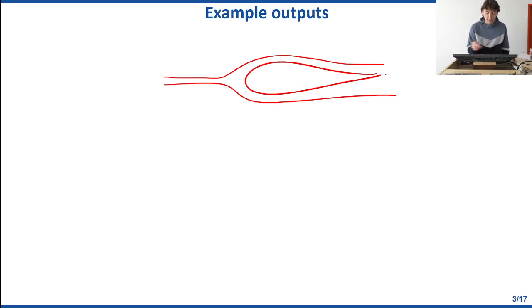Then this flow field enforces a certain traction along the shape of this airfoil, and the output functional that we are interested in, S of u of x, the output functional that takes the solution u and produces a number, would be, let's call this whole domain gamma, the integral over gamma of the traction vector, which is the stress tensor times the normal vector, over the surface of that element. Yeah, this is the normal vector. So that would be an output variable.